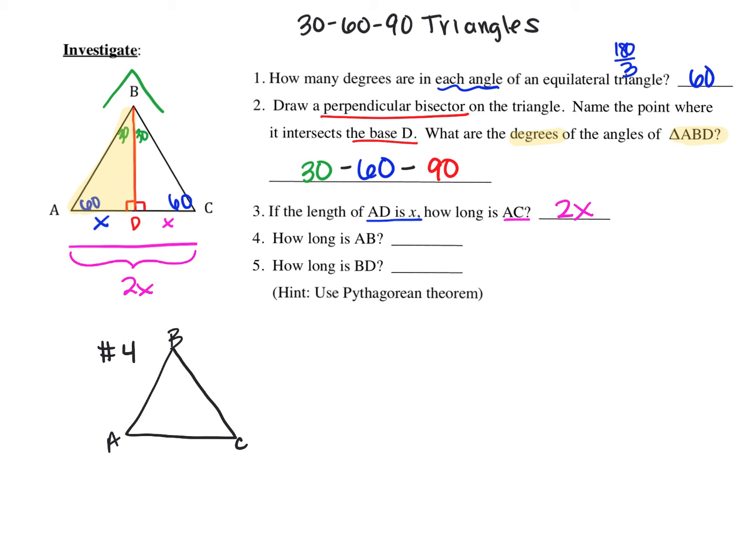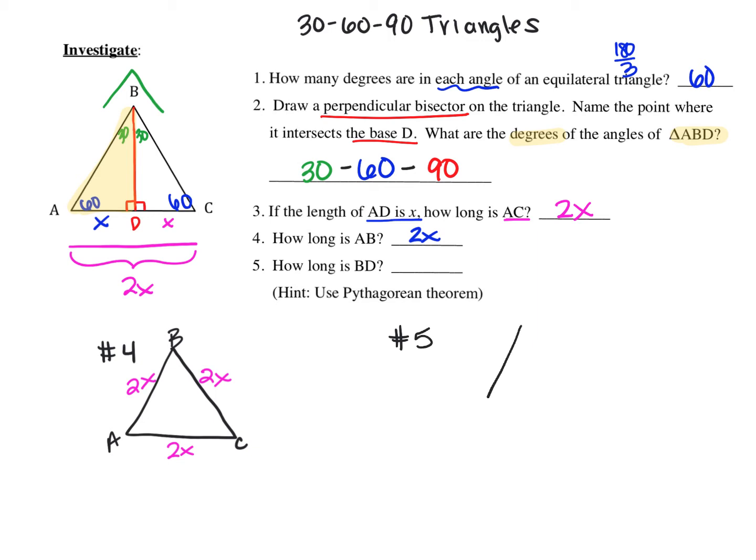So I know that AC is 2X. Okay, and if I had an equilateral triangle, that means all of the sides are going to be 2x. So now I know that the length of AB is 2x.